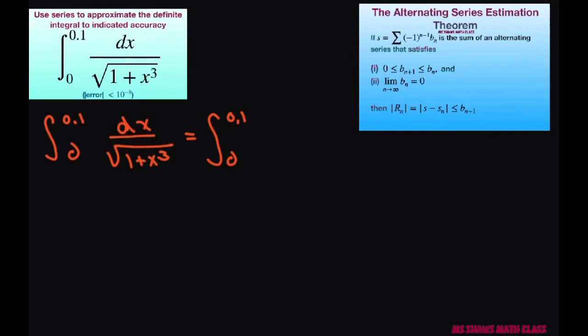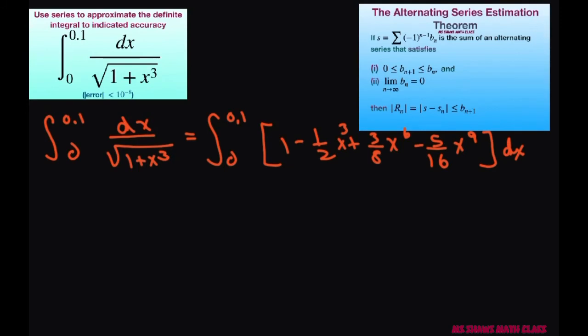We want the integral from 0 to 0.1 of dx over the square root of 1 plus x cubed, which equals the integral from 0 to 0.1 of 1 minus 1/2 x cubed plus 3/8 x to the power of 6 minus 5 divided by 16 x to the power of 9 dx.